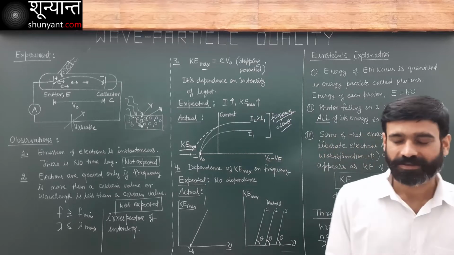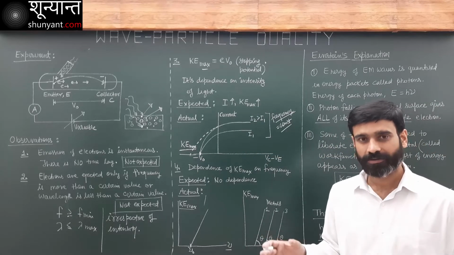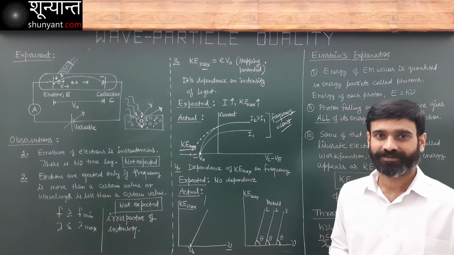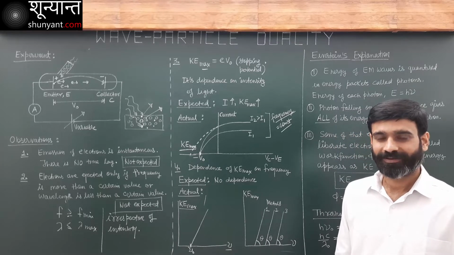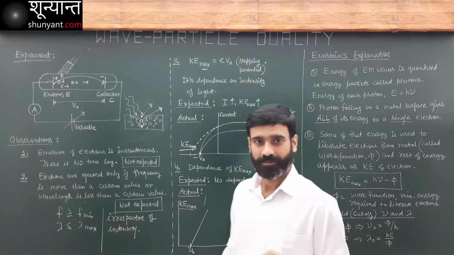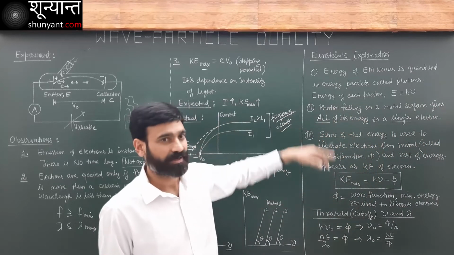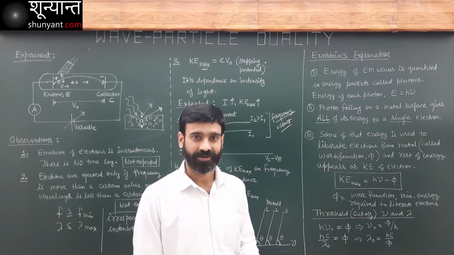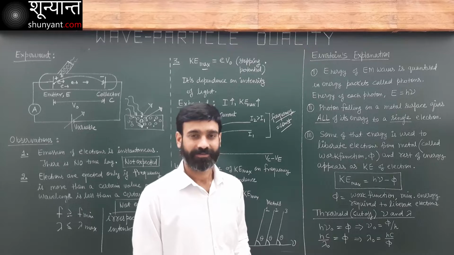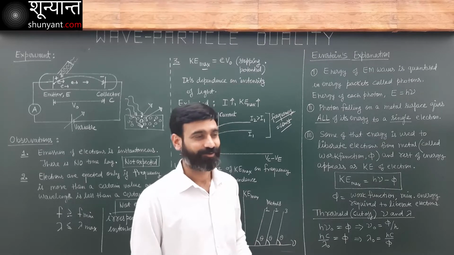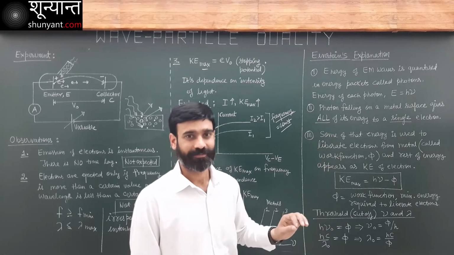He explained it successfully, satisfactorily, and for that he was awarded the Nobel Prize. The Nobel Prize was awarded to Einstein for this explanation, this theory, not for general relativity. That is generally thought, but he was awarded the Nobel Prize for this explanation.